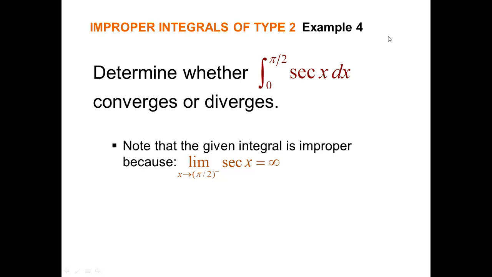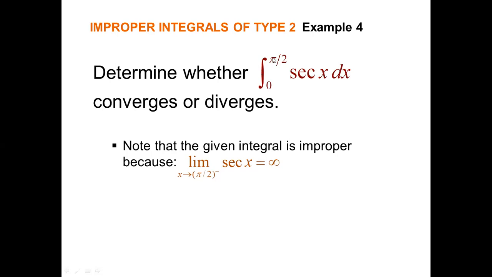When you look at this definite integral, it's so easy to commit a mistake of saying that this is not an improper integral. Why is it so easy? Because this is not type 1, wherein any of the limits is infinity. But if you look very closely, if you plot the secant of x function on the interval 0 to pi over 2, which represents the limits of integration here, you will see that there is a point of discontinuity, meaning the graph will be approaching infinity at either 0 or pi over 2.